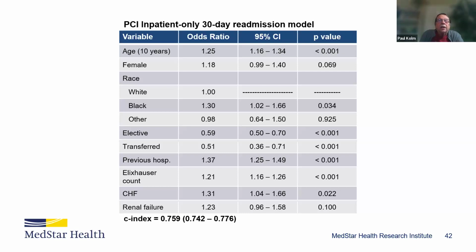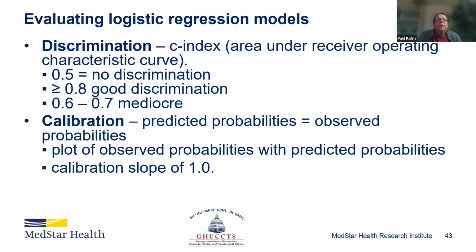And so for our table here, it turns out the C index, or our model here of 30-day readmissions, is about 0.76. And so discrimination, when we calculate the C index, then if the value is 0.5, then we have no discrimination. In other words, it's just a coin flip whether between the two or more groups.